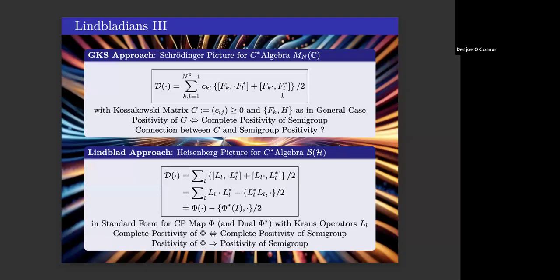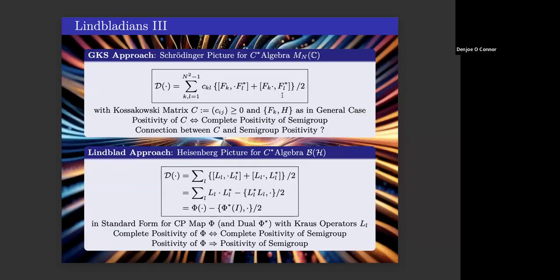And here again, you have a one-to-one correspondence between complete positivity of the semigroup and complete positivity of this map phi that appears here, where you can then use a Kraus decomposition of this completely positive map phi to get those operators. So those Lindblad jumps, as they are normally called in the literature, are actually the Kraus operators of this completely positive map phi, which characterizes now our completely positive semigroup.